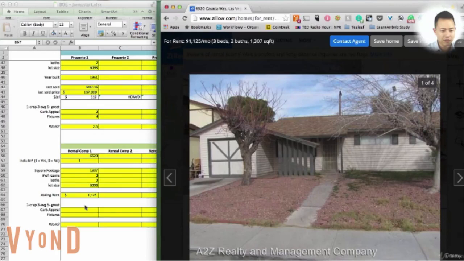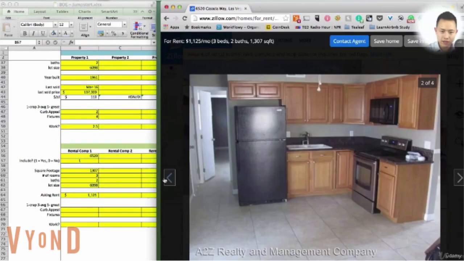Let's put in the address, 6340 Bristol Way. We're going to include it here, and then put in the information. There's 3 beds, 2 baths. The square footage is 1216. Lot size is 6098. It was built in 1961.